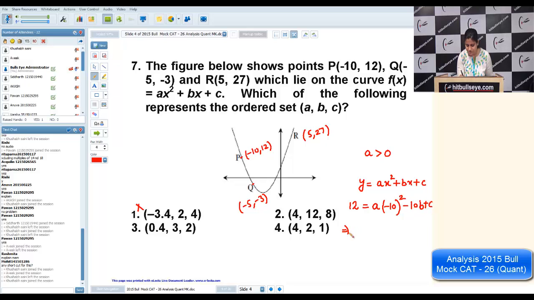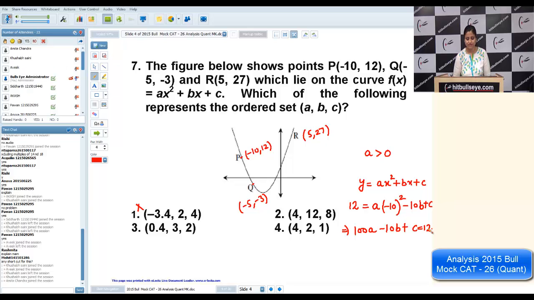So my first equation will be 100a minus 10b plus c is equal to 12. So by solving similarly for points Q and R, we'll get 3 equations in A, B, C. By solving these equations, you will get the values of A, B and C. See, that is the conventional method we were doing.